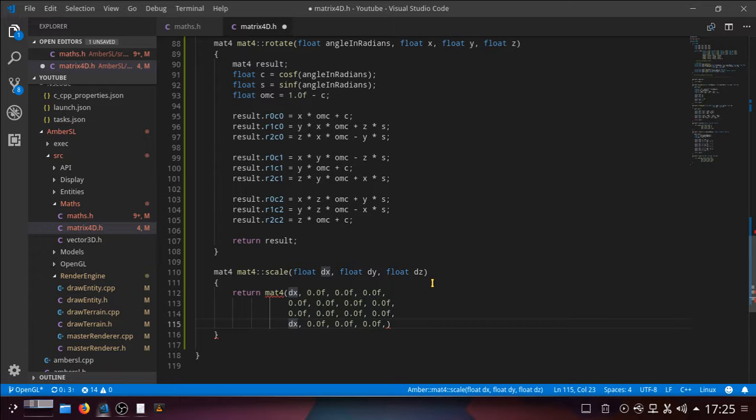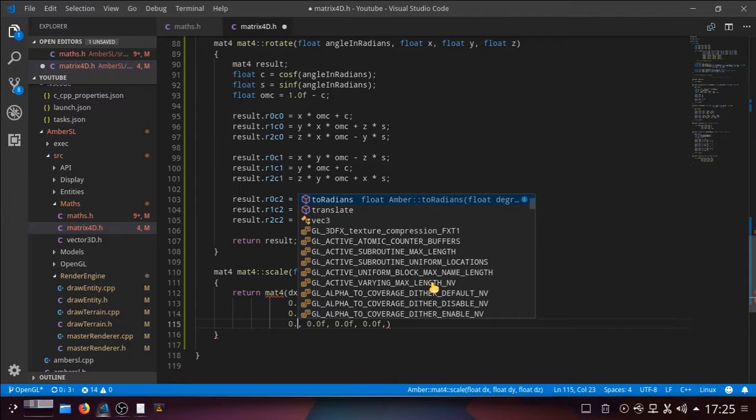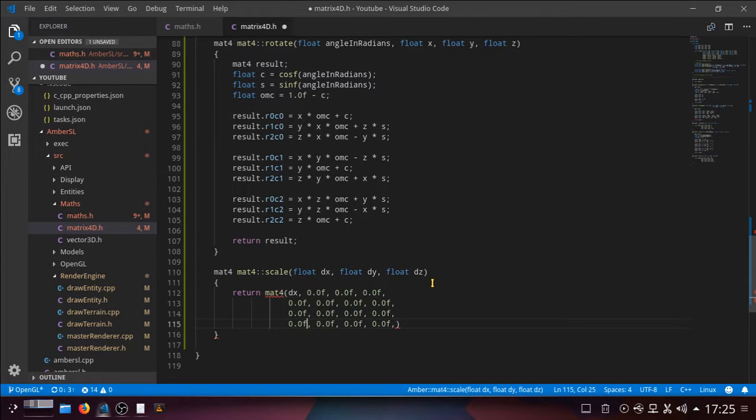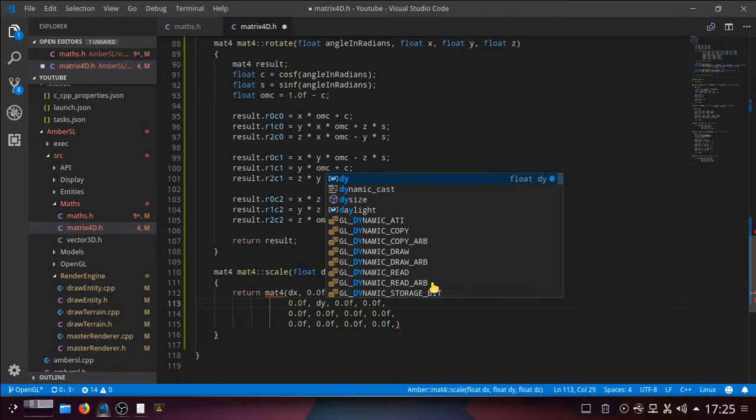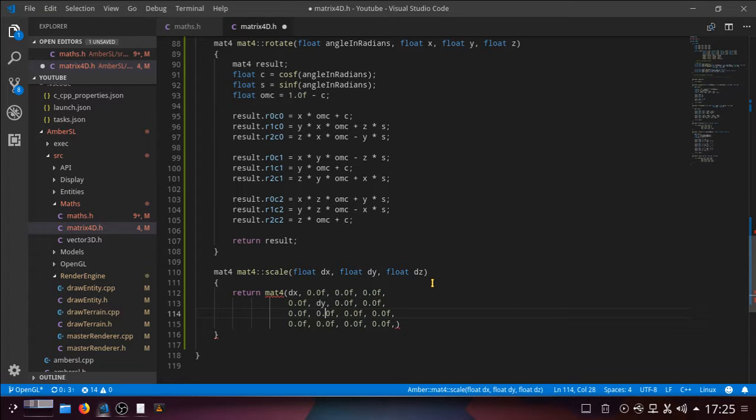As I said, the scaling is all done by that diagonal 1 that we kept putting in, which is why it was very important to put a 1 there. You can't put a 0 in the identity matrix, because if you did, you wouldn't have a scale. You'd have nothing. Yeah, you just have literally nothing. So we're going to delete this and put dx and it's dy. And then we are going to go to this one, put a dz in please.